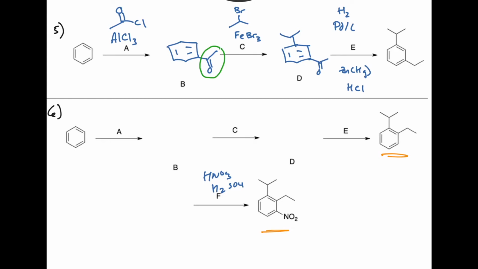You want to add the isopropyl first? We can totally do that. So we can add the isopropyl first. So that would be B, that. Use our same reagent again. All right. Then we can add our ketone.